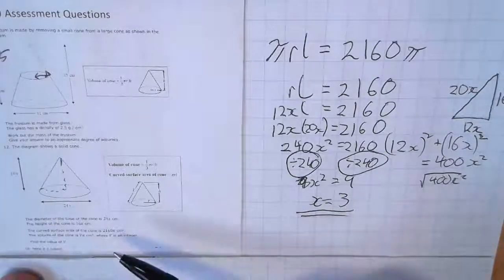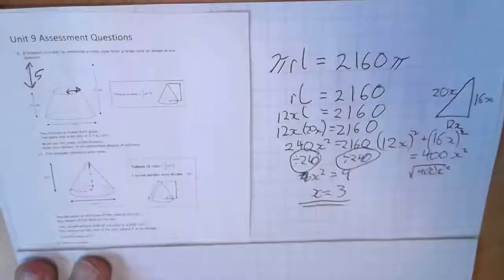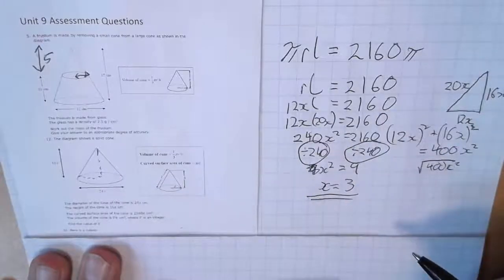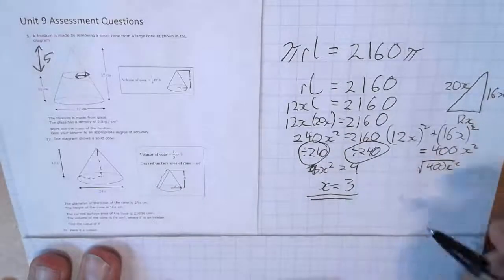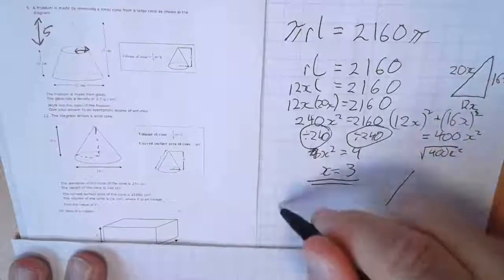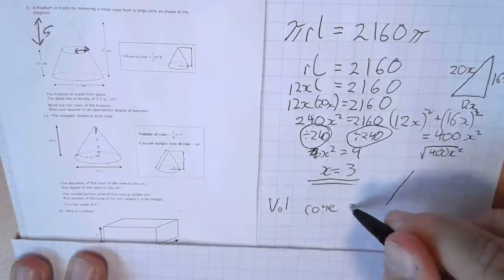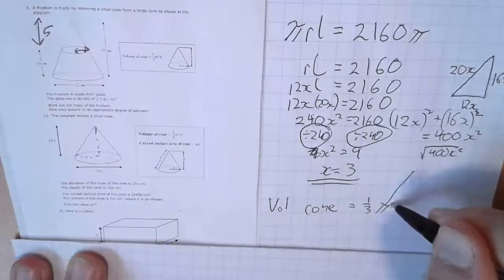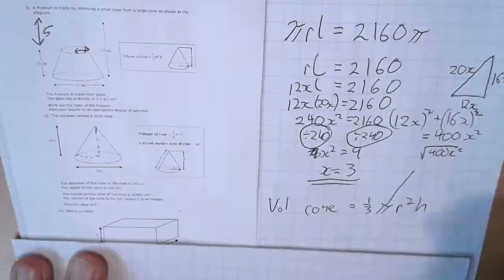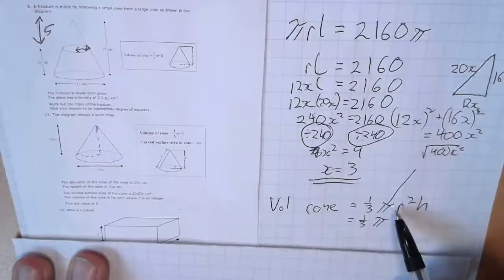I've got to find the value of V, so I've got to work out now the volume of that cone. So I'm going to substitute 3 into my cone. My volume of the cone is 1/3 pi r squared h. So that's 1/3 pi radius squared.